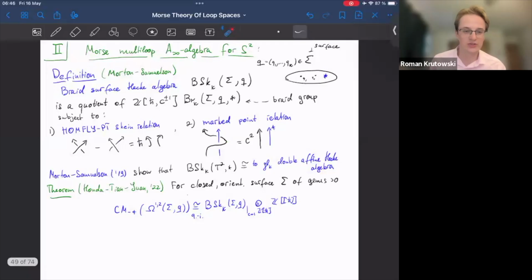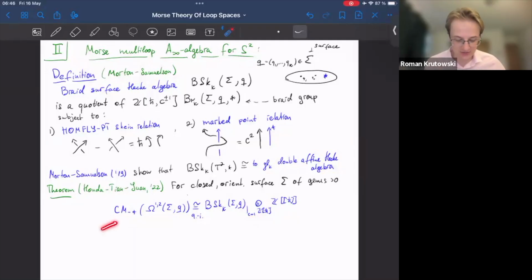And well, one reason why these braid surface Hecke algebras are interesting: Honda, Tian, and Yuan showed that for surfaces of genus at least 0, this A infinity algebra that I just described is quasi-equivalent to the completion with respect to h bar of this braid surface Hecke algebra, where you specialize at the value c equals 1.